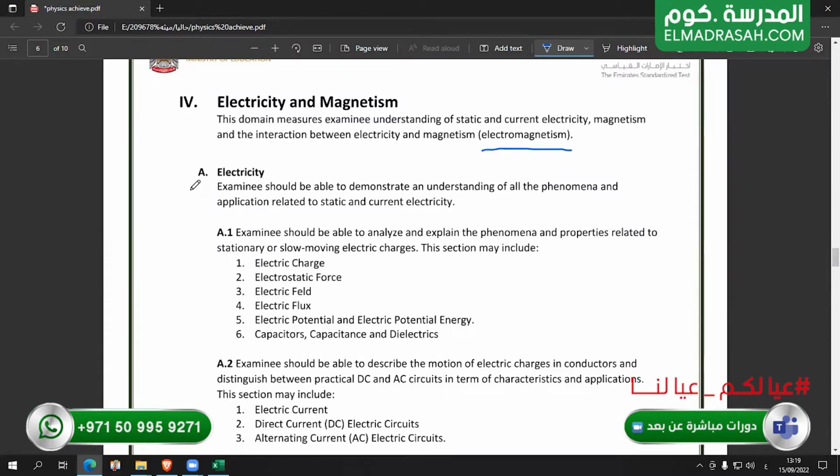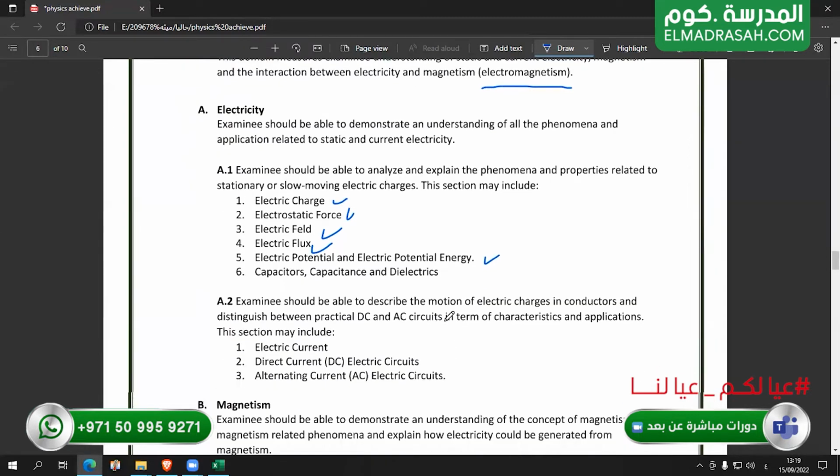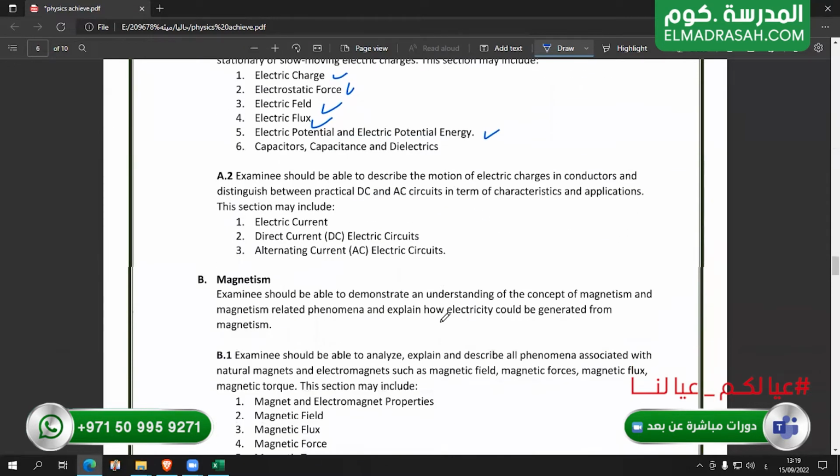So we will focus on the electric charge, electrostatic force, electric field, electric flux, electric potential and potential energy, capacitors, capacitance, and dielectrics. And also we will focus on the DC circuits and AC circuits, and how to calculate the equivalent resistance and equivalent capacitance and so on.